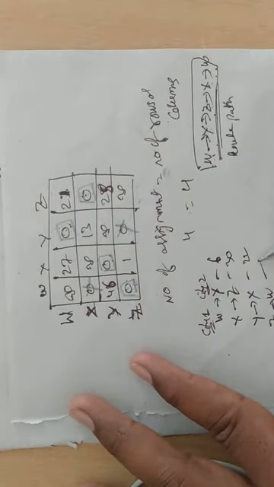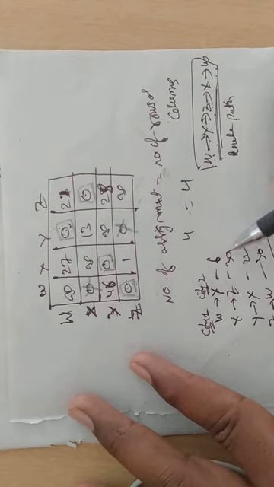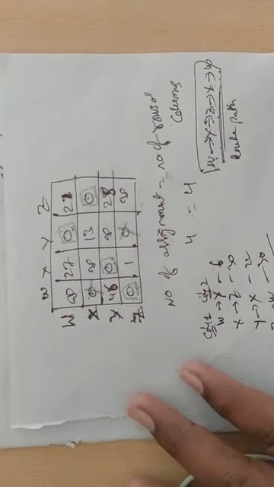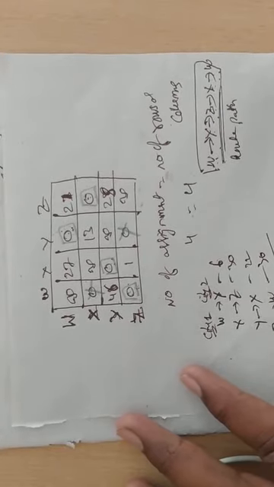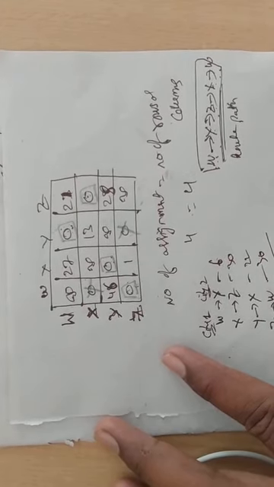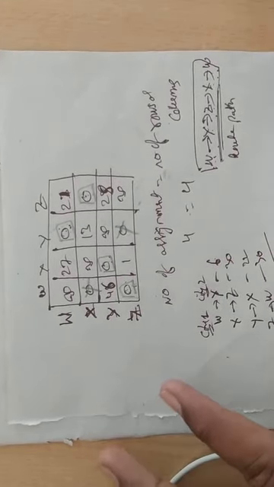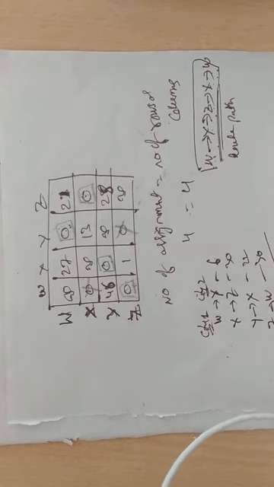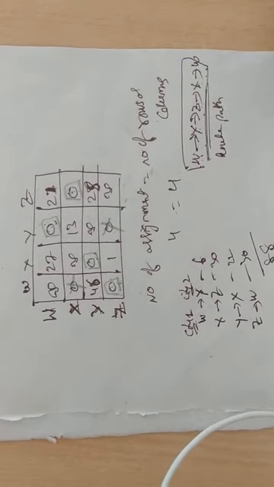That is 6, 8, 3, 3, 8, so 88 is the minimum. Minimum meters or minimum time, whatever you are asked: the minimum time or minimum distance to reach the cities from the starting point, from his home to the last city. So this is the traveling salesman method.